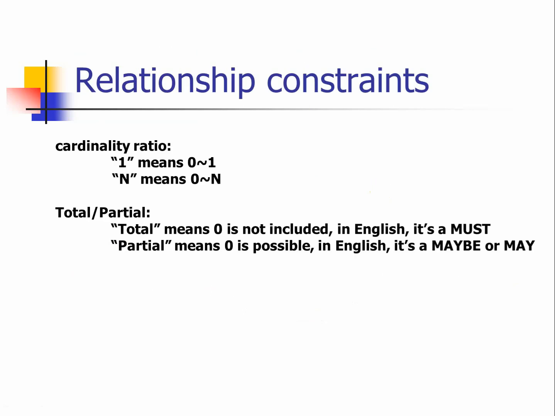To summarize the two constraints, for the cardinality ratio, we have some choices. There are actually not many choices. It's either a 1 or N only. We talk about the M to N relationship. That means both of the two sides are multiple to multiple.